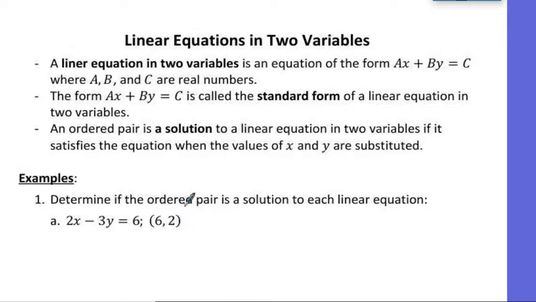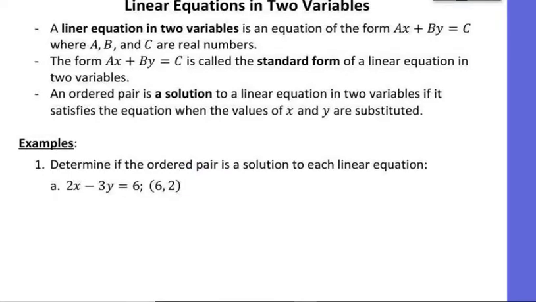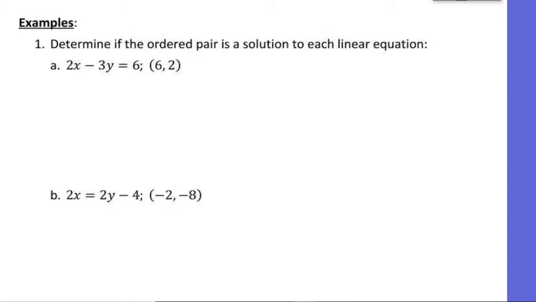And we'll explore that as we look at determining in these examples if the given ordered pair, in this case 6, 2, is a solution to this equation 2x minus 3y equals 6. So we substitute 2 times 6 minus 3 times 2 equals 6. We took the x coordinate and the y coordinate and substituted those in for x and y in the equation.